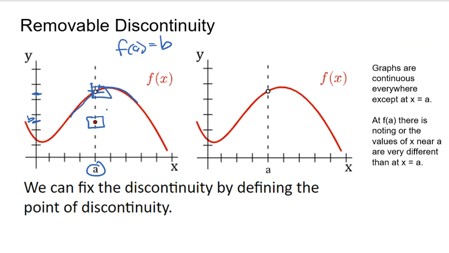Well, that's obviously a discontinuity. You cannot draw this graph without lifting up your pencil. You say, oh, I've got to lift up my pencil, move the point down here, and then I continue to draw it. That's a discontinuity, and it's called a removable discontinuity because I literally removed a point and put it somewhere else.